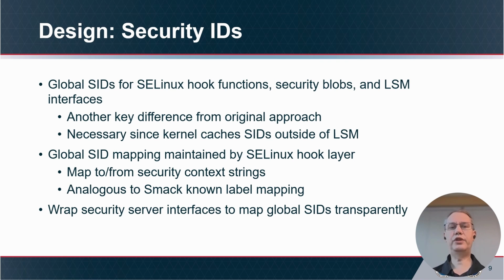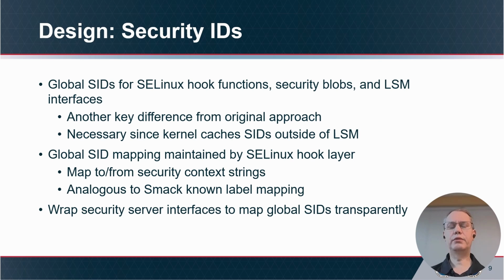In addition to dealing with security labeling issues for the SELinux namespaces, we also had to resolve how to handle security IDs, which are small integer handles to security labels. In the original design, the existing SELinux SIDs, which are ultimately mapped to per policy context structures, were leveraged.